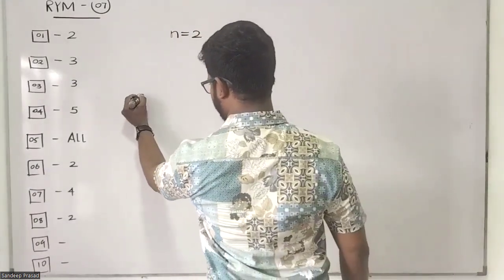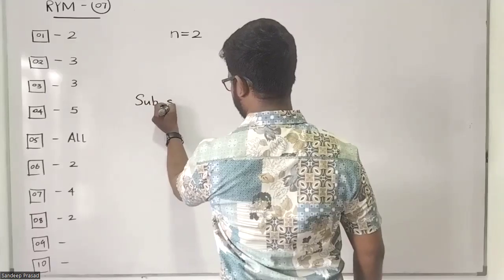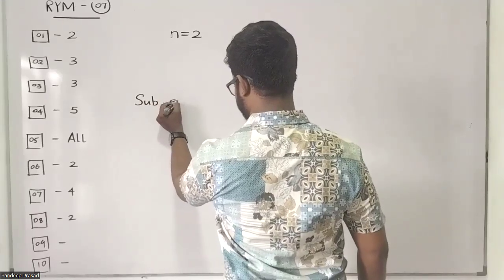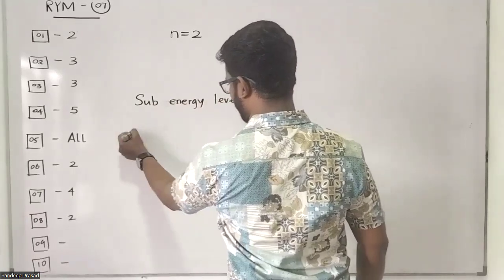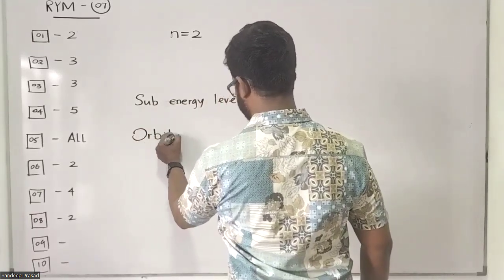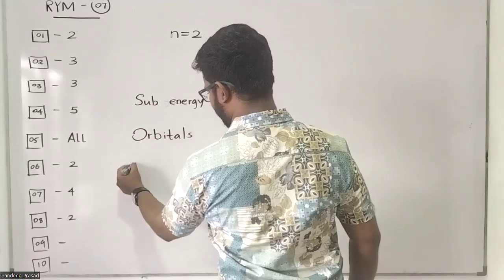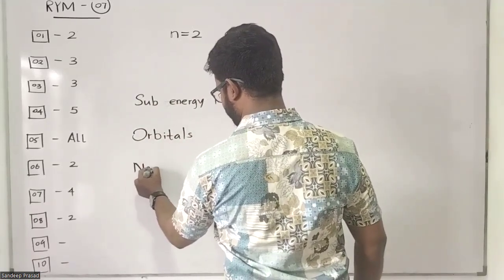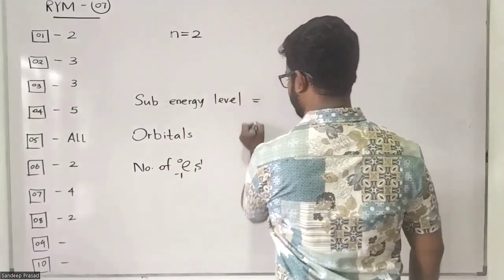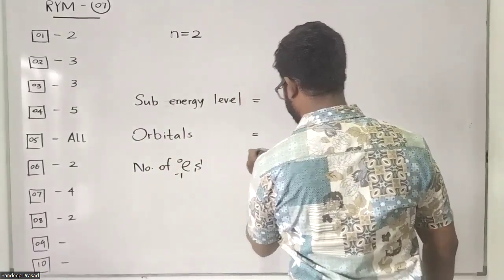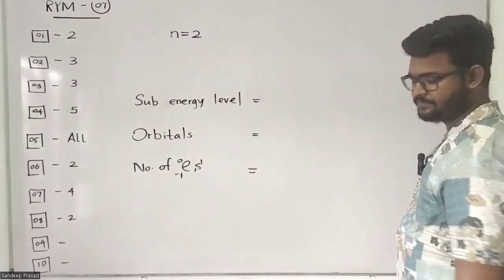If you want to obtain the number of sub energy levels, orbitals, and the total number of electrons in that particular energy level, you have only 3 simple general expressions.